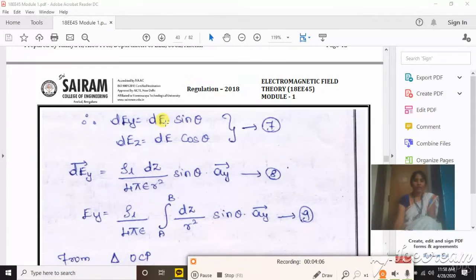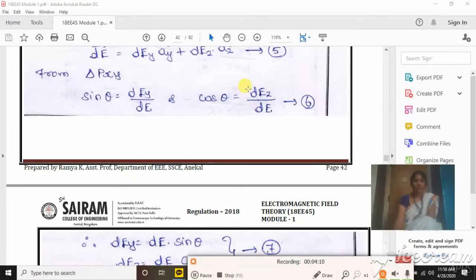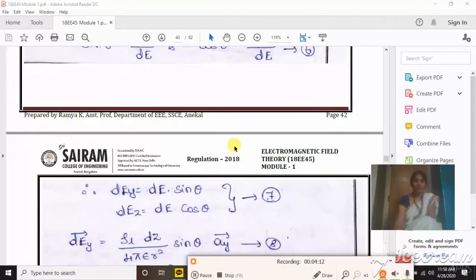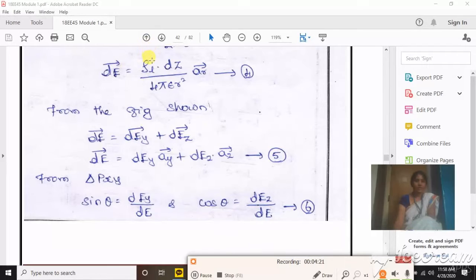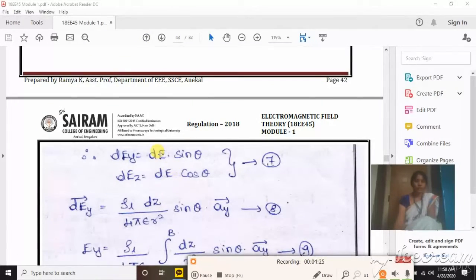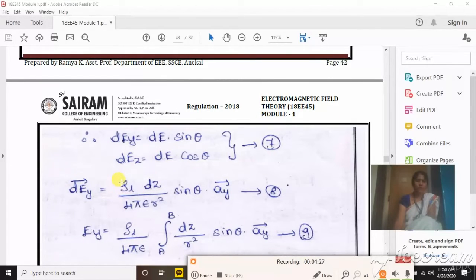So we know that dEy is equal to dE into sin theta, and from this equation, dEz is equal to dE into cos theta. Substitute individually to identify what dEy and dEz are. What is dE? dE is ρL dz divided by 4πεR². After substituting, you will get dEy is equal to ρL dz divided by 4πεR² sin theta into ay vector.